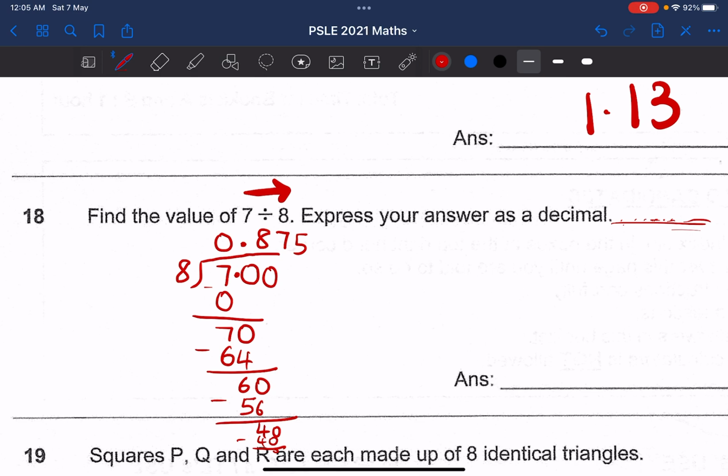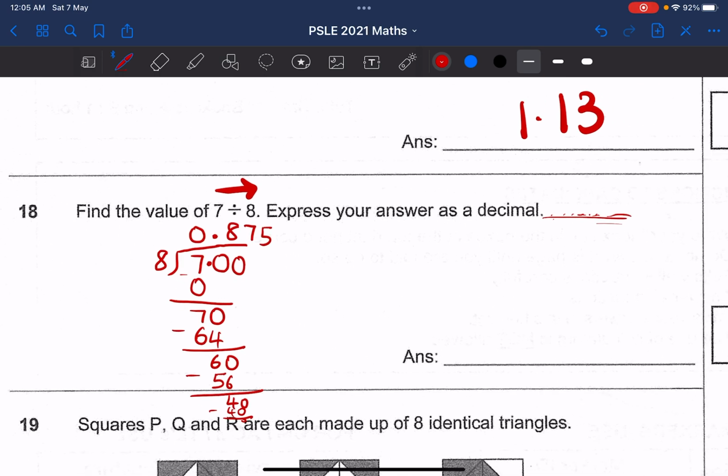So that's why you see the question also didn't tell us to leave our answers with any 2 decimal place or 3 decimal place. But alright, watch out because in exams it is still possible for us to tell you to leave your answer to 1 decimal place or 2 decimal place. Sometimes even 3 decimal place.